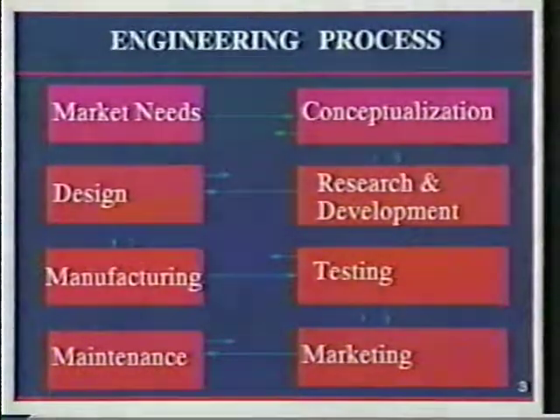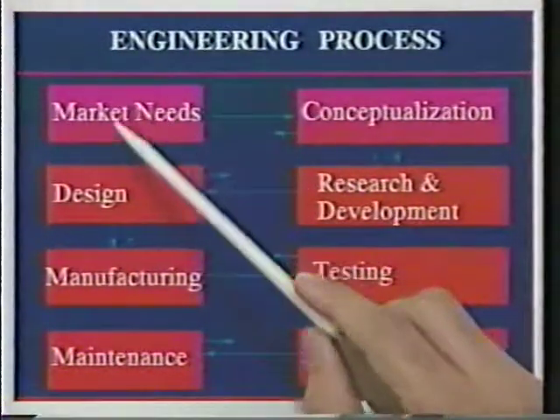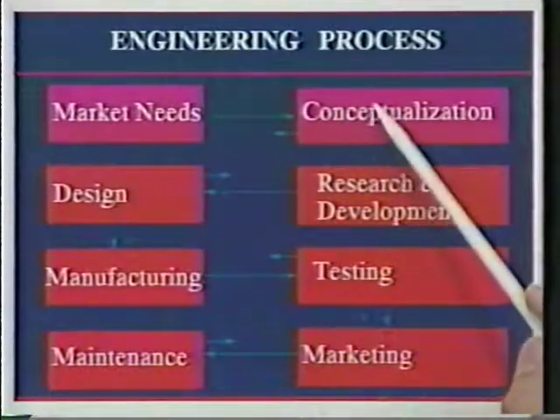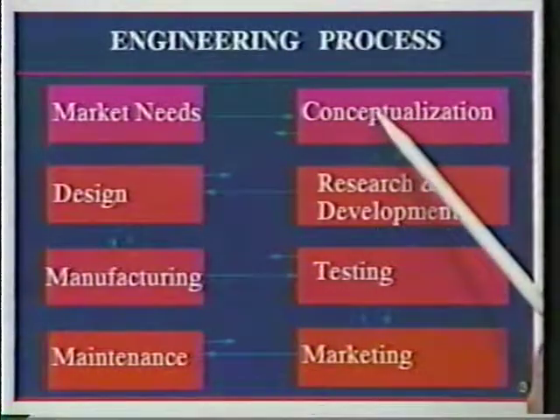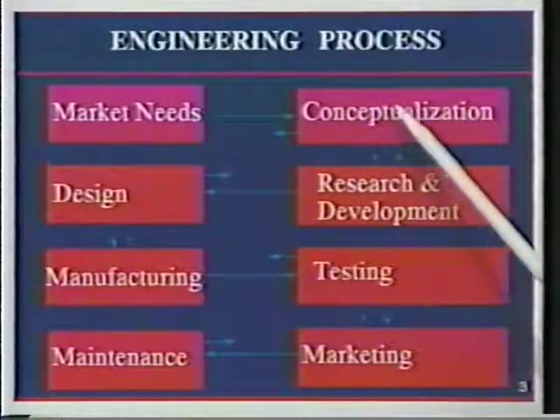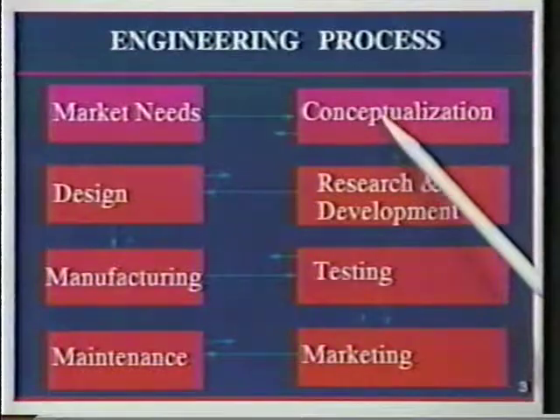The engineering process starts with the market needs, where we do a data analysis or market analysis, and you zero in on a particular product during the conceptualization stage. For example, your TV, or your car, or some elements in your car. If you want to have an intelligent vehicle system incorporated in your car, you say, well, there's a market for it.